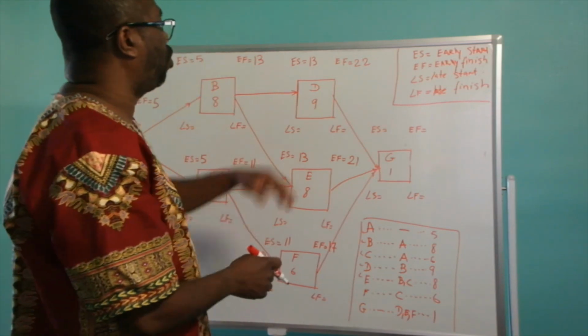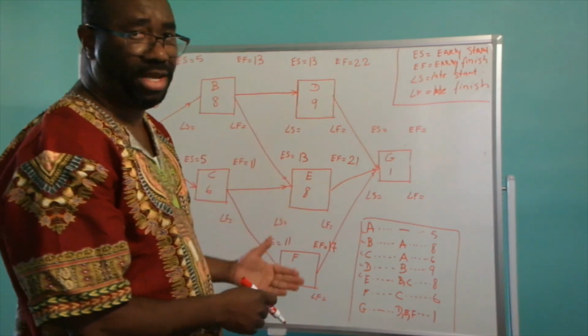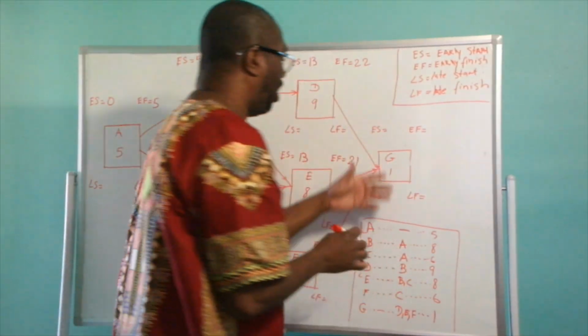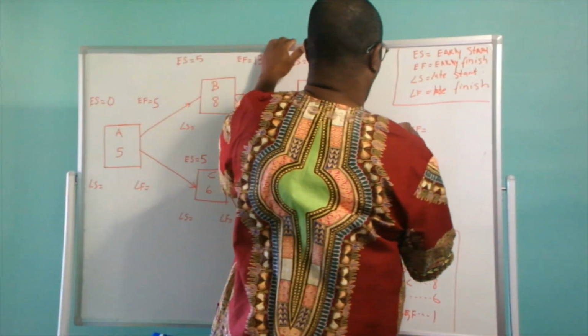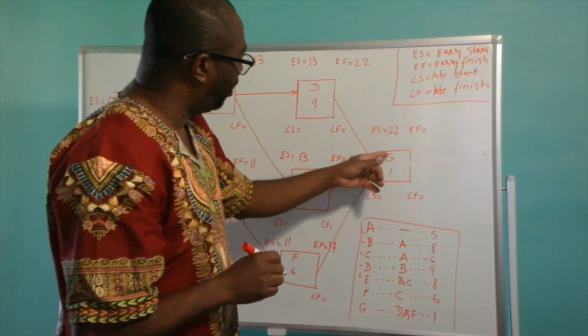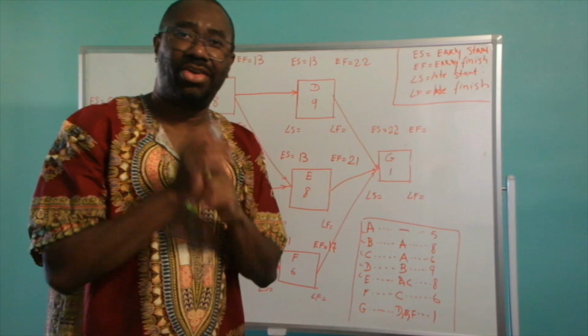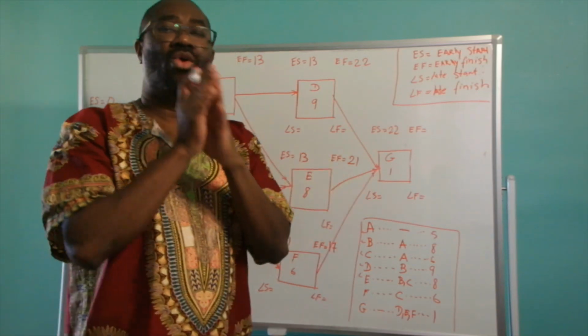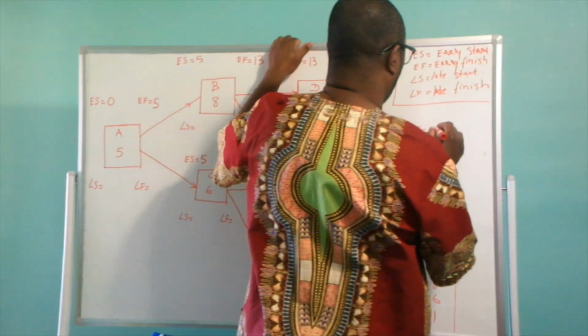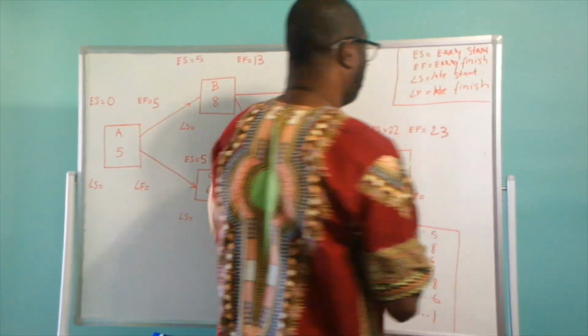So we are going to go with the higher, which is 22 days. So the early start for activity G is going to be 22 days. Now activity G has a duration of only 1 day, so it's going to be 22 plus 1, which is 23.